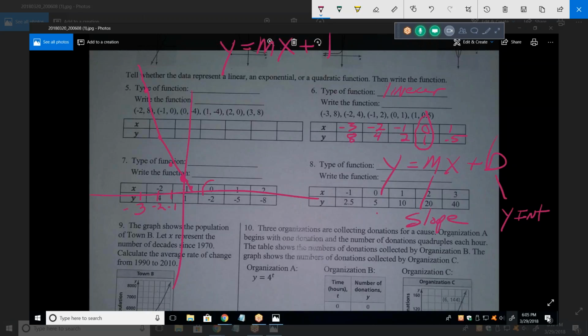Well, what is the verbal definition for slope? This is probably the most important thing you want to remember: rise over run. If you know that, you can figure out all the complicated math. The rise, we'll talk about as the change in the y, and the run we'll say is the change in the x.